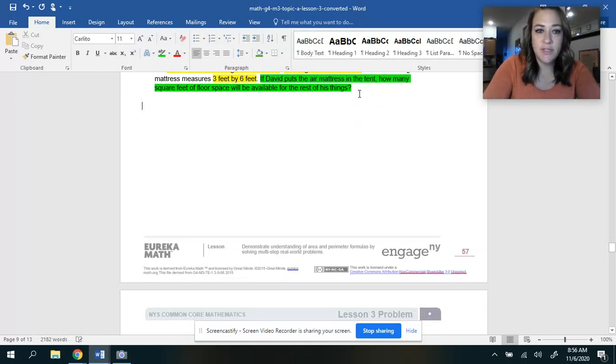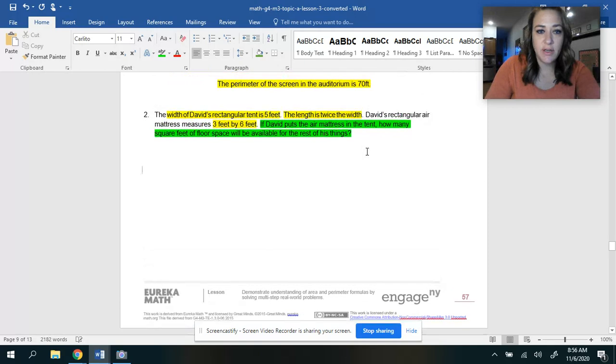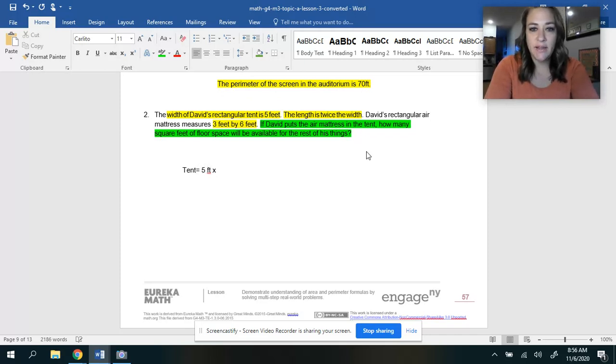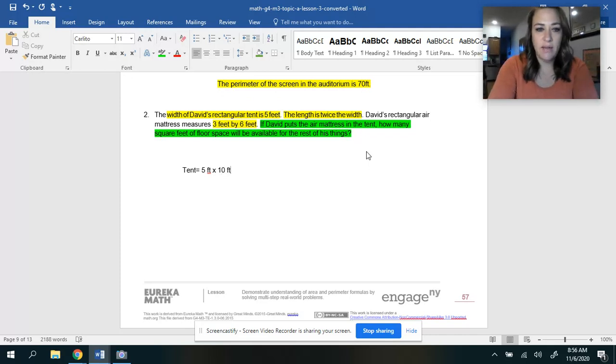Trying to maneuver a new system is always tricky. So we can say the tent is equal to 5 feet by 10 feet. Okay, so let me rewrite that.